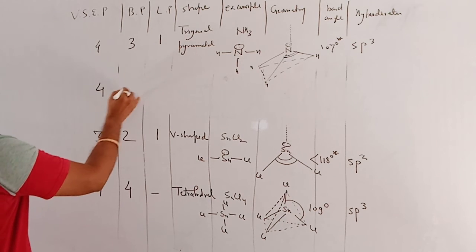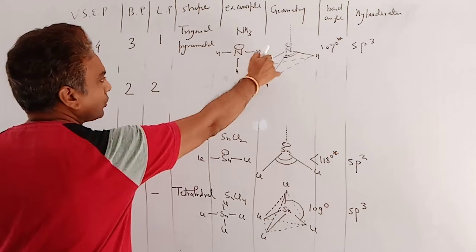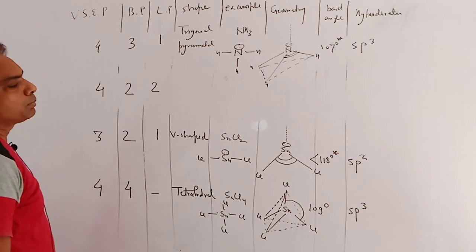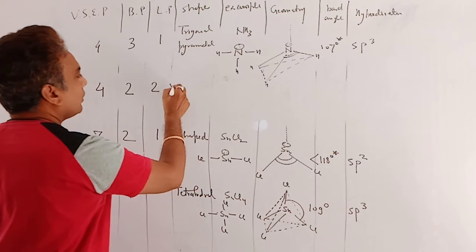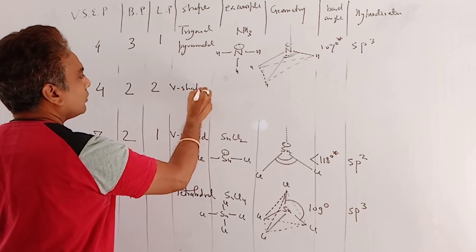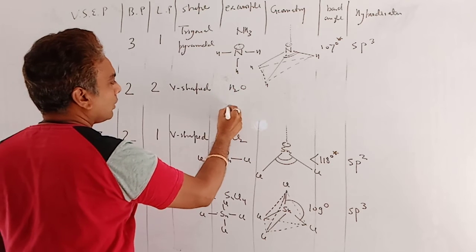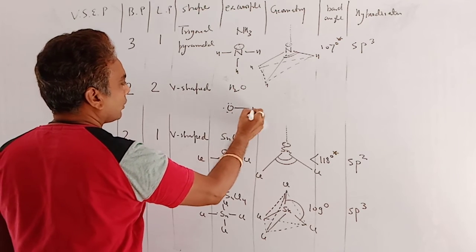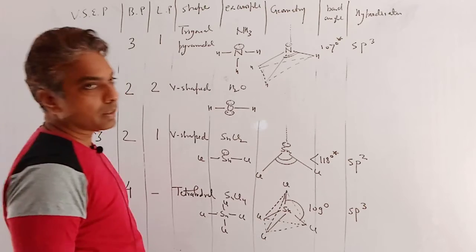Next, if we have 4 VSEP, 2 bond pair, 2 lone pair, one more site is replaced by lone pair, so molecule is V-shaped. Here is H2O example. Oxygen contains 6 electrons, 2 are shared with hydrogen, so 2 act as lone pair.